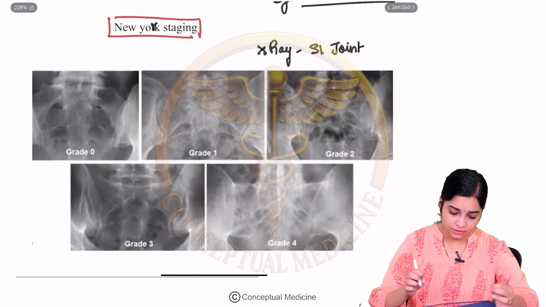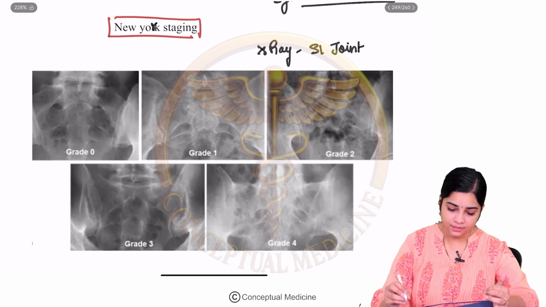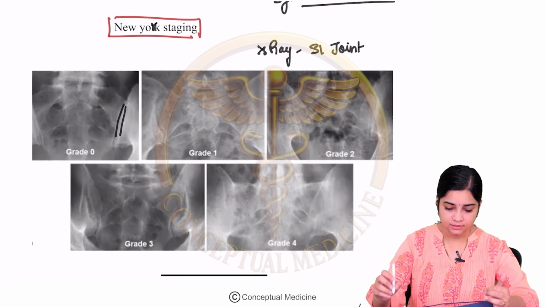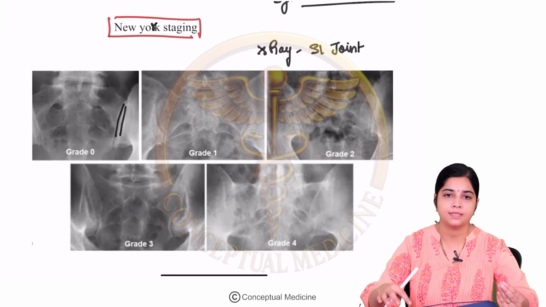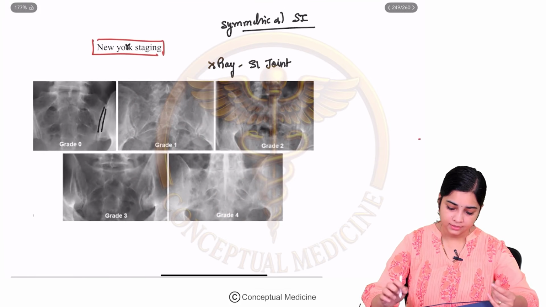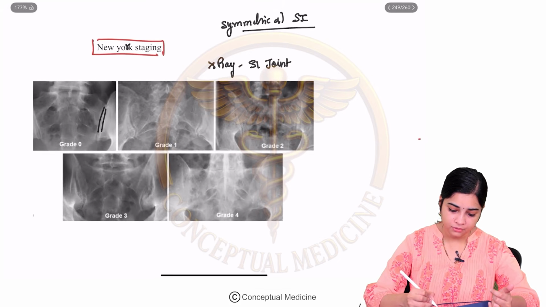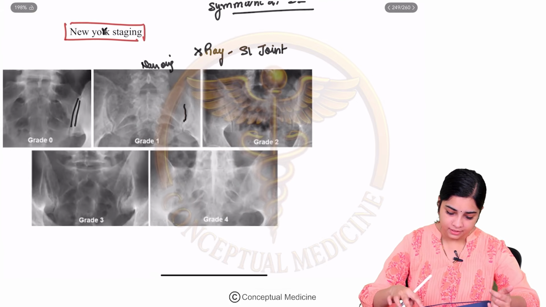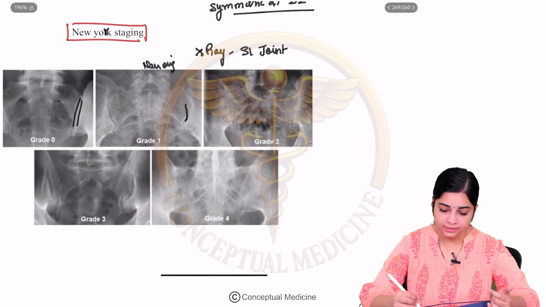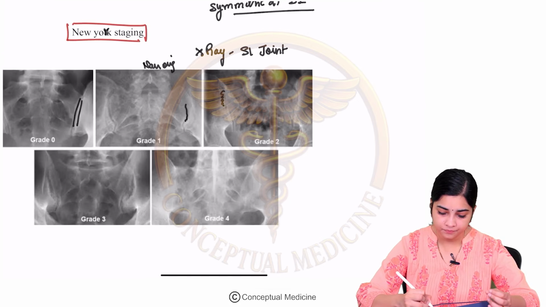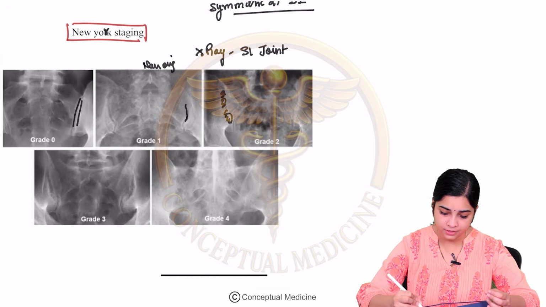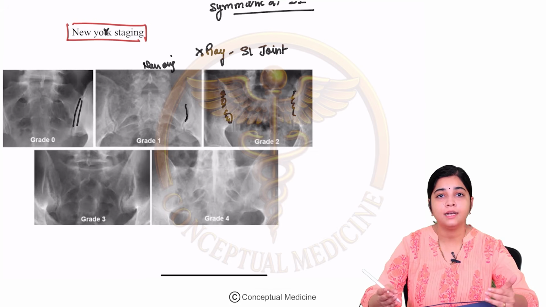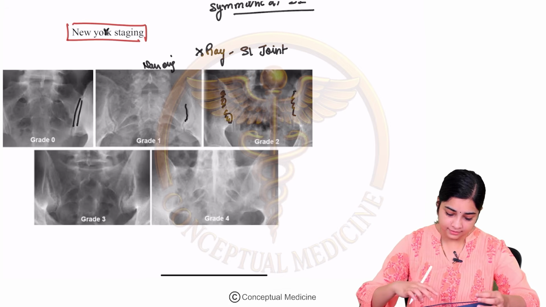So what are the stages? Grade 0: the joint space is still preserved, with very, very mild haziness in the joint. Then in grade 1, there is narrowing of the joint space. Then in grade 2, you can see fluffy inflammation and the joint space is markedly narrowed.